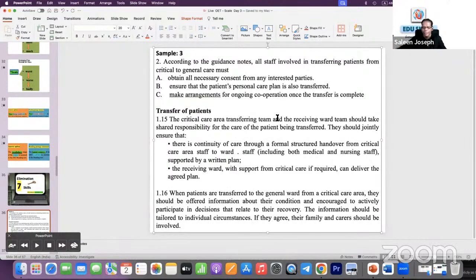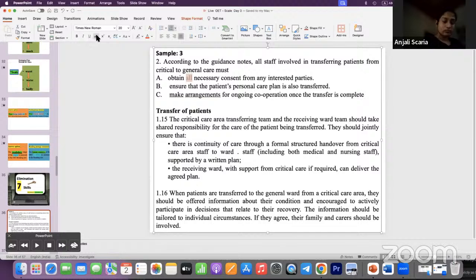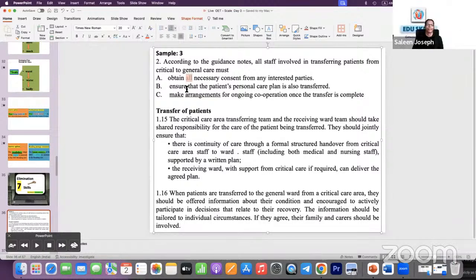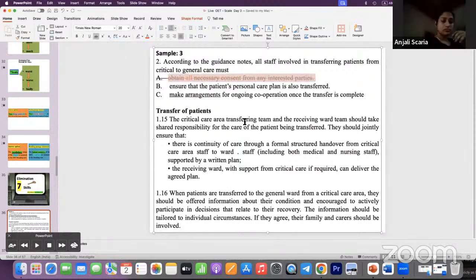Now our business is mainly to look into what is absolute. Do you see any absolute in the options? A, B, C options? The strategy says if you see an absolute anywhere in one of the options, you can immediately eliminate that option.